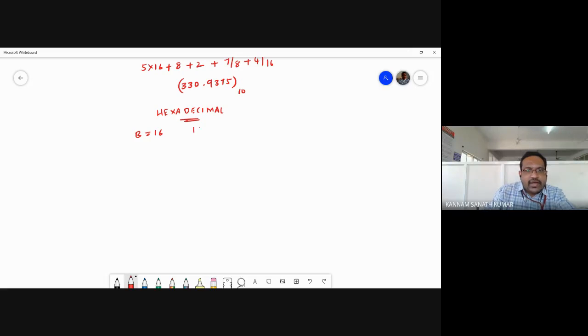You have 16 digits: 0, 1, 2, 3, 4, 5, 6, 7, 8, 9, and next A, B, C, D, E up to F. After F, the value is 10, 11, like this. So the 16 digits are represented like this, 0 to F.